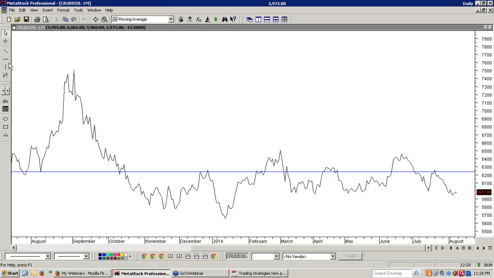Now, as you can see, gold is making a multiple bottom pattern on around 5950 levels. Currently the MCX future closed at 5975 levels.